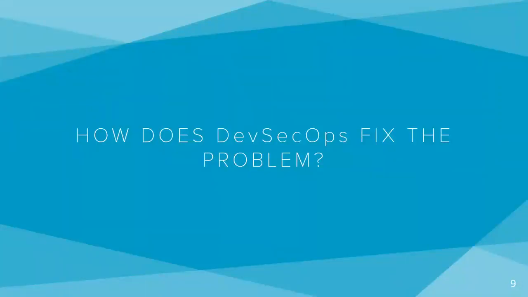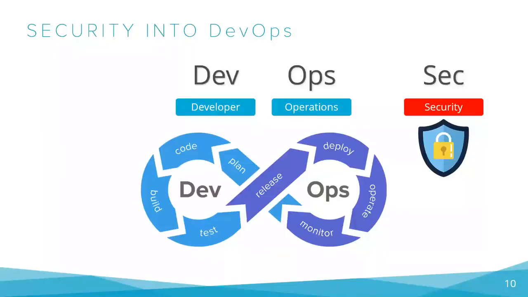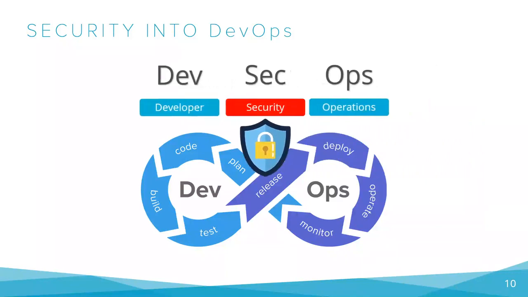Now, let's see how DevSecOps helps us overcome these limitations. Instead of just focusing on security after the DevOps, the key is to move security to the left of Ops. In other words, making security checks part of the development process.